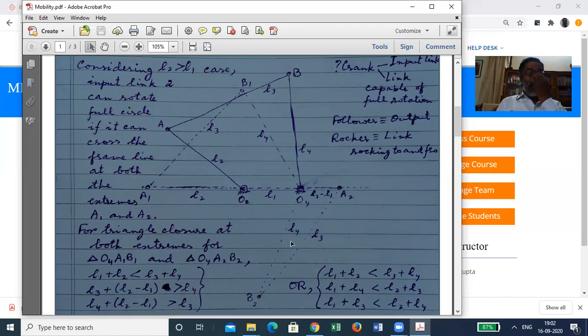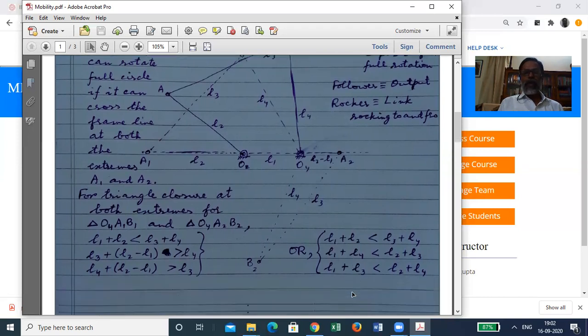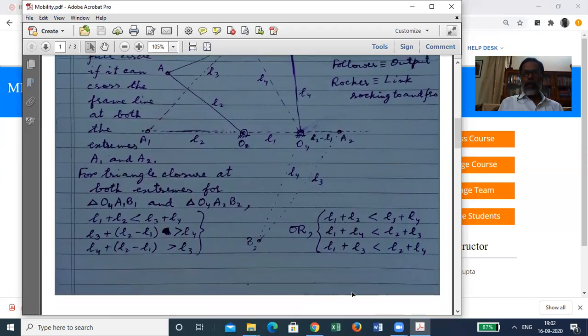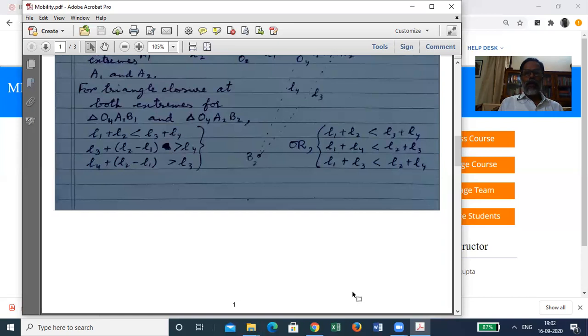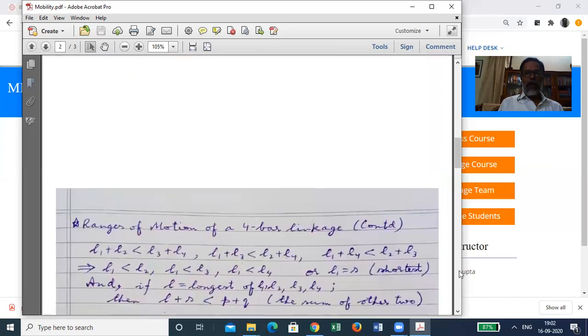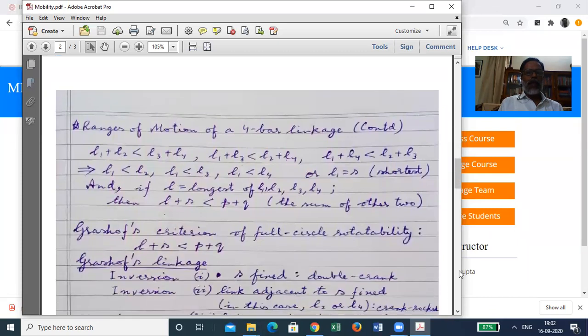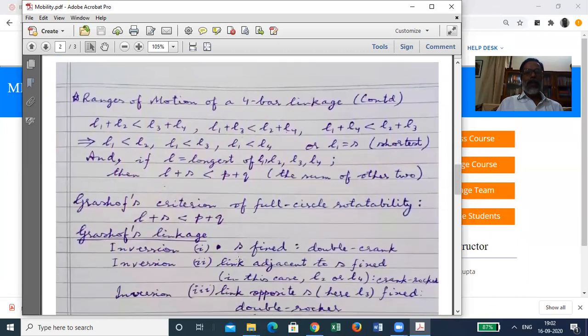But if L2 is capable of crossing both sides, then L1 should be smaller than each of the three. Those three I have reproduced here.